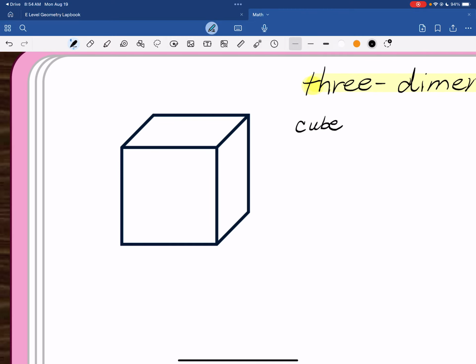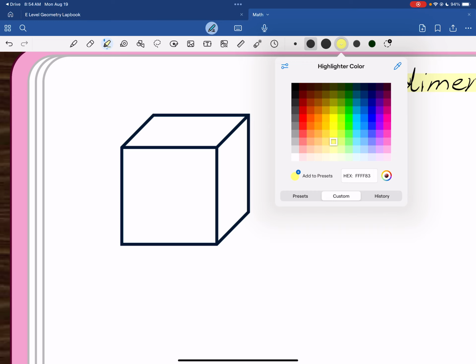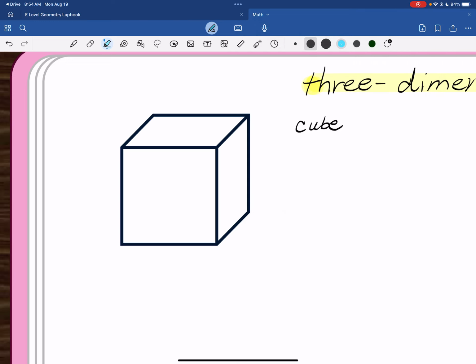Now, a cube has square faces. Let me see if I can color a face for you so you can see. I'm going to come back and clean it up a little bit. This is one face of the cube. So if you think about a cube, think about if you're playing a game with dice, two are dice, one is called a die.